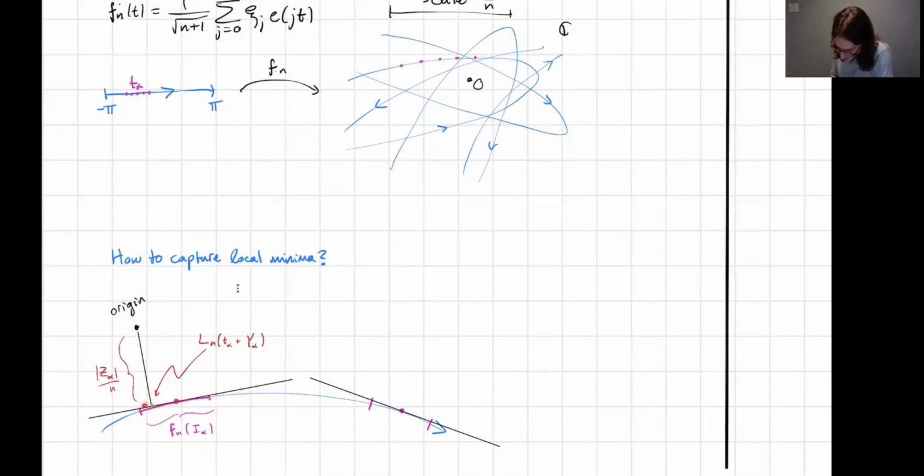The point is that this segment here is roughly flat, because we can get some a priori control on second derivatives. We can show that at this scale, with capital N sufficiently large, this is roughly a straight line. So when we linearize, our criterion is that this perpendicular meets the linearization around this point within this interval.